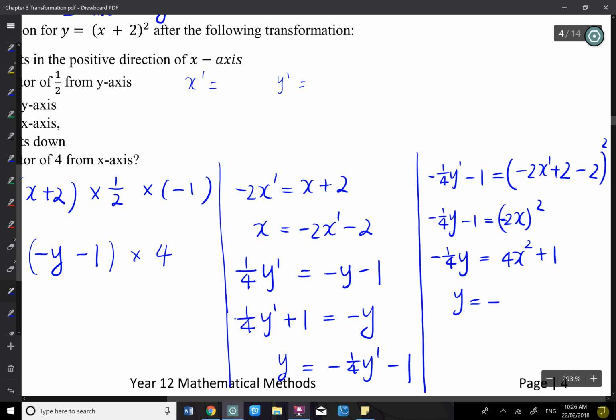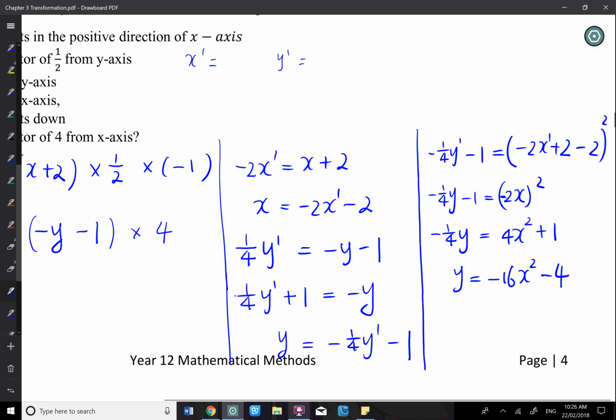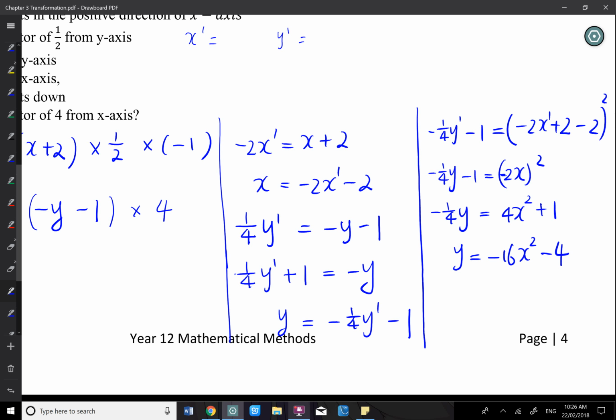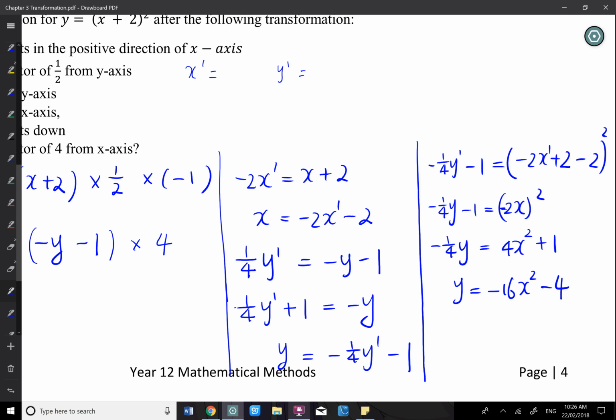Y equals to minus 16x squared minus 4. Alright, that's the resulting function.